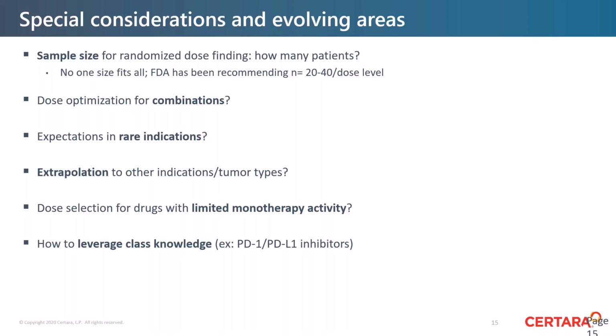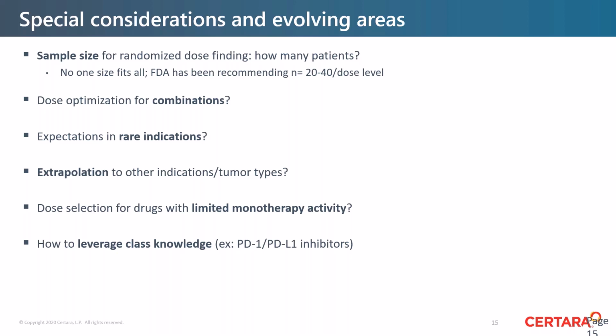Also, a question that comes back often is how to extrapolate or bridge the dose from one indication to another. Here we can leverage knowledge from tumor agnostic programs. You have to consider both non-clinical and clinical data. For example, is the mechanism of action independent of the tumor type?